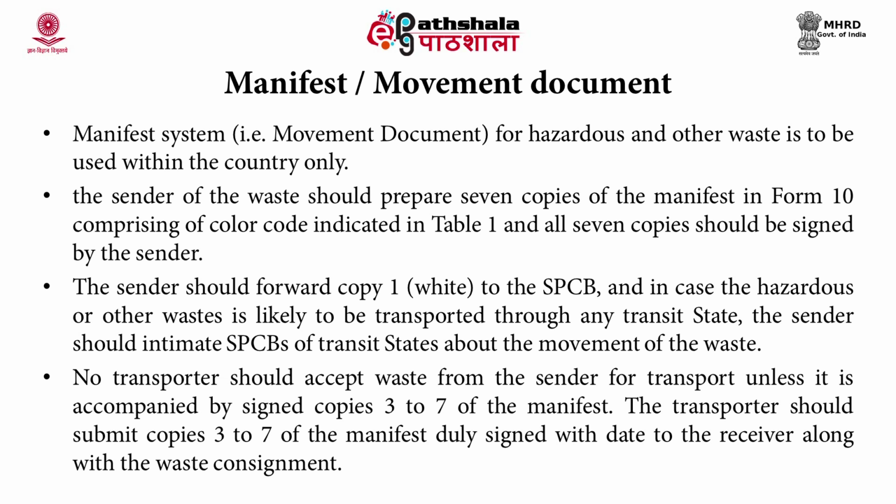No transporter should accept waste from the sender for transport unless it is accompanied by signed copies 3 to 7 of the manifest. The transporter should submit copies 3 to 7 of the manifest, duly signed with date, to the receiver along with the waste consignment.